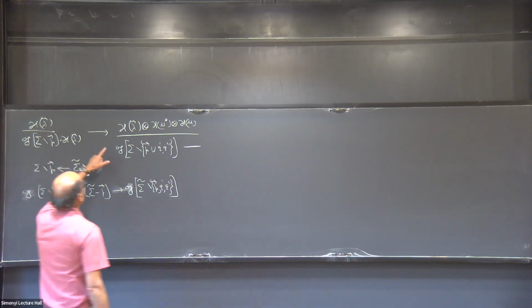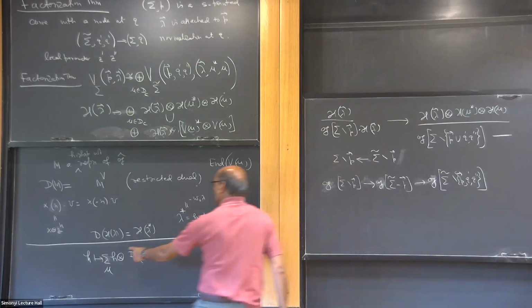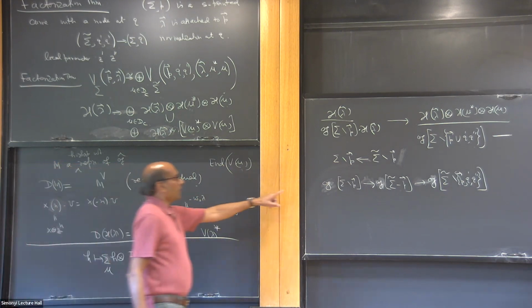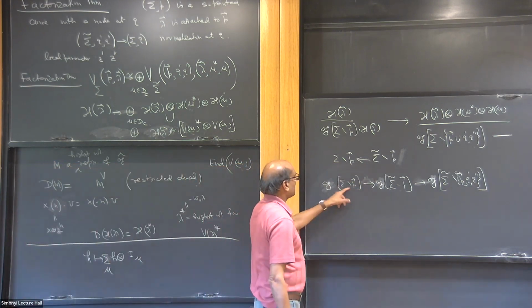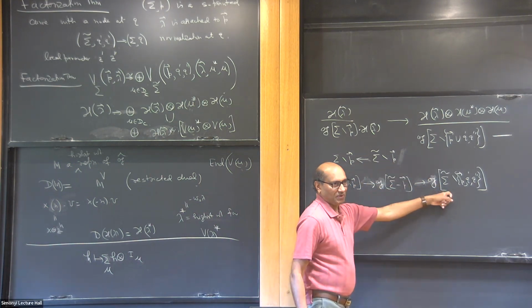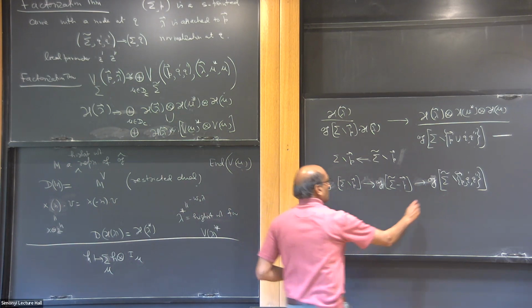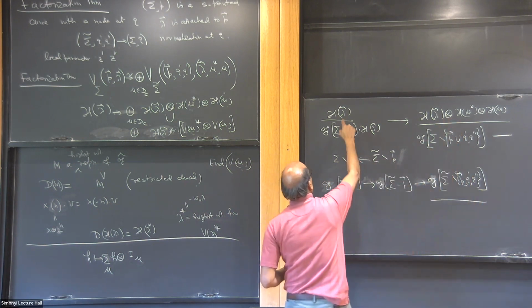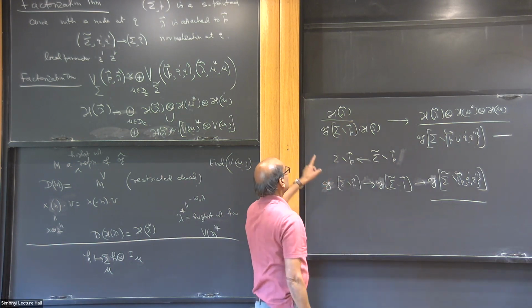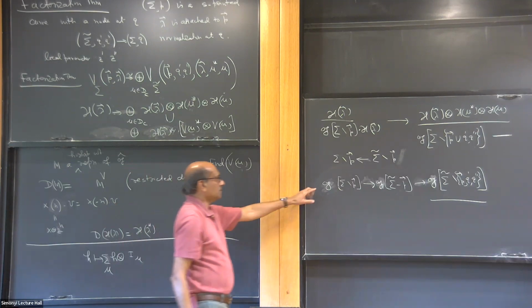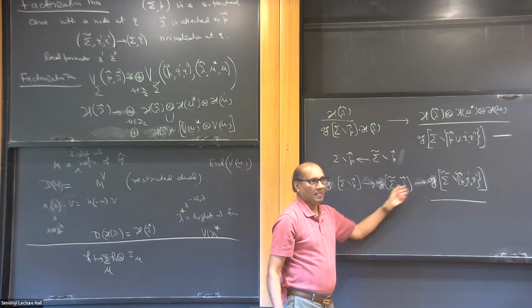And now observe that this map H going to H tensor I mu is a map which respects the G of sigma minus P hat action through this one. So this object is acting on this space, and this object is acting on this space, and this map respects the action.